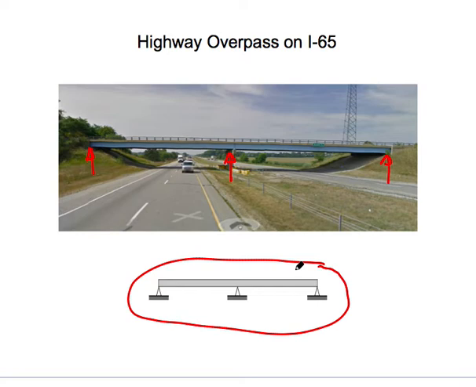Why is that more complicated? Well, this is what's known as an indeterminate beam. We cannot find the reactions simply by looking at equilibrium. This is going to be a very common occurrence in many structures of interest where you can't find the reactions through equilibrium.